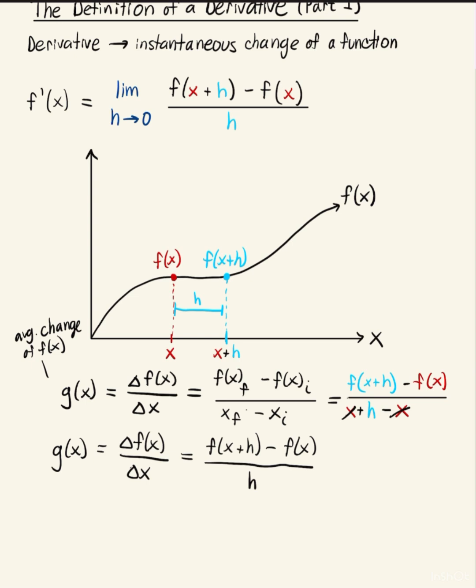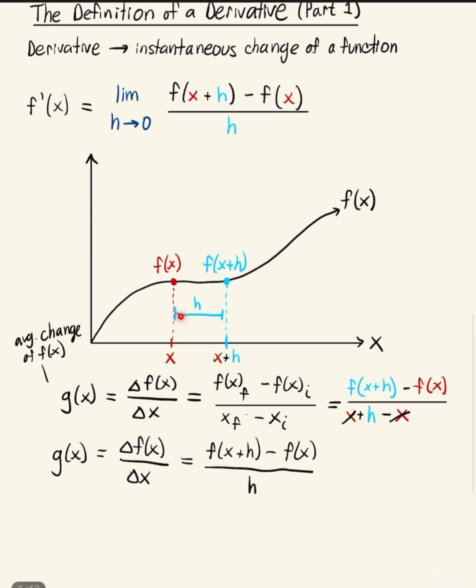When we were doing this initially, we started with two values that were an h distance apart. Now, if I want to look at the change of f at one point, say I want to look at this point right here, what is the change in f of x at just that point?